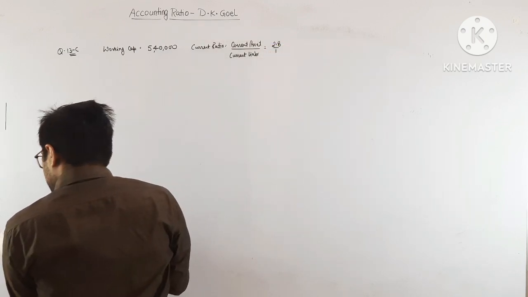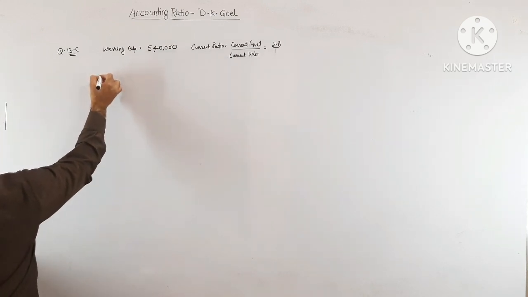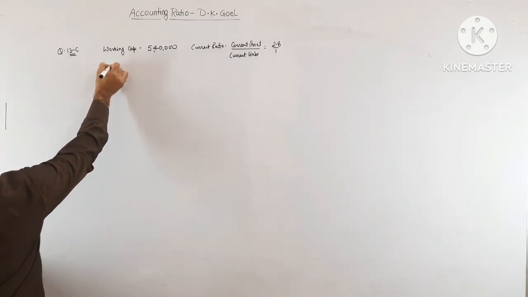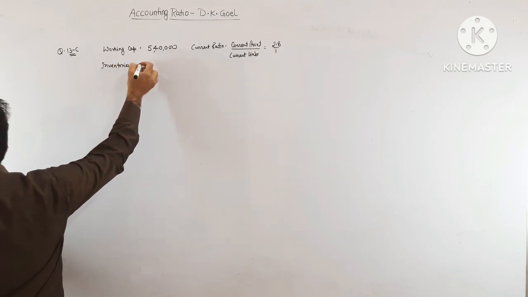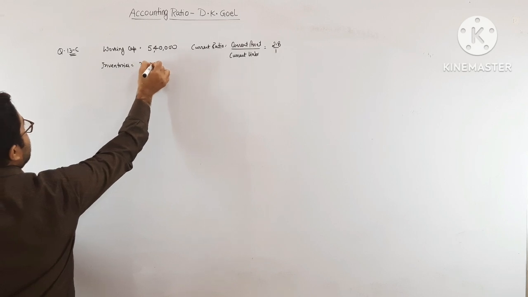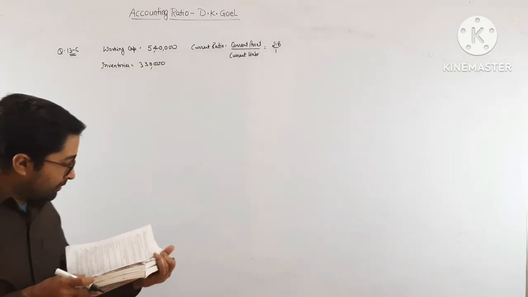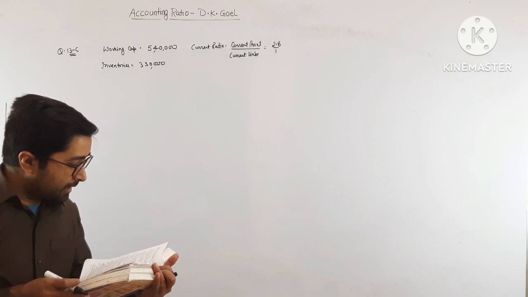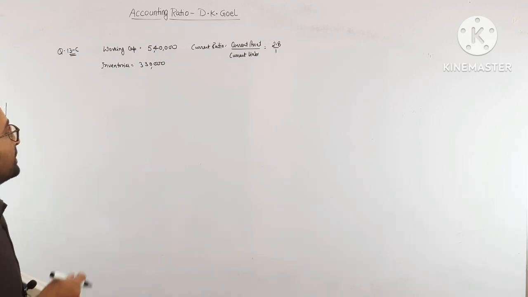And the inventory is 3,30,000. So calculate the current asset, current liability and quick ratio. Let us see.